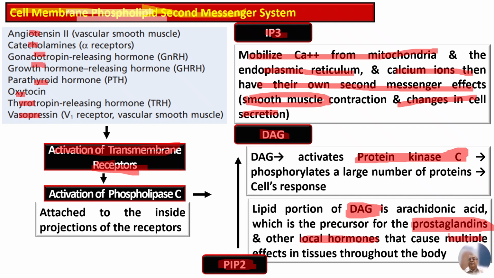So for the products of prostaglandin, you can refer to the inflammation playlist, where these prostaglandins and various derivatives of arachidonic acid are described.